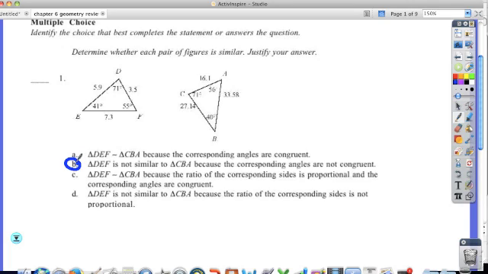There are no two corresponding angles that are congruent. Now, if you took the problem further, you would also find that the ratio of the corresponding sides is not proportional, okay? But it was much easier to look at the angles and just see the angles were not congruent. So that's why the answer is B.